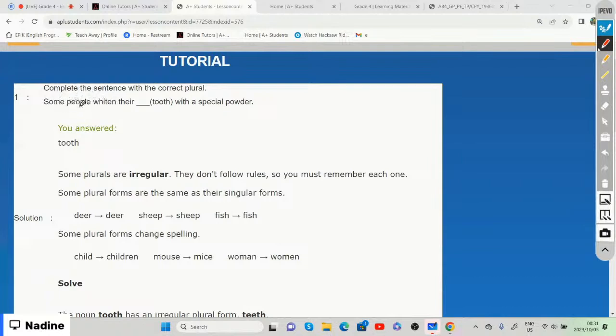So if more than one person whitens their, do we say they whiten their tooth, or we need to find the plural form of the word tooth. So what is the plural form of tooth?